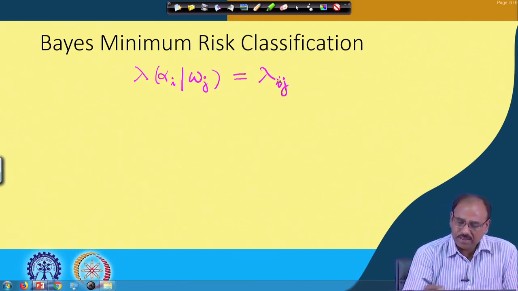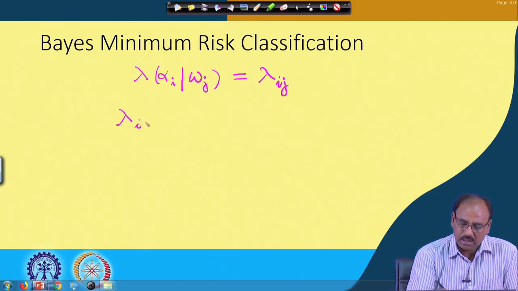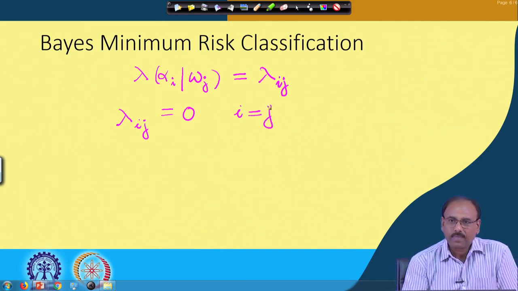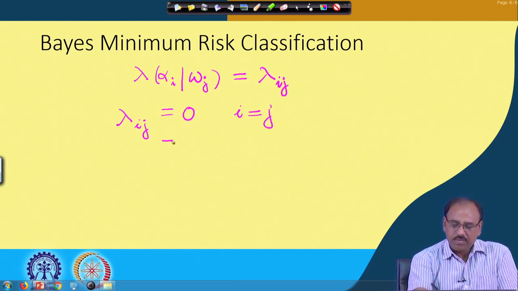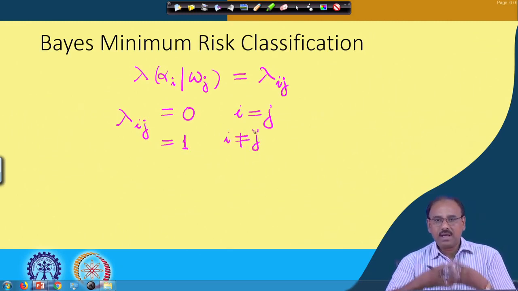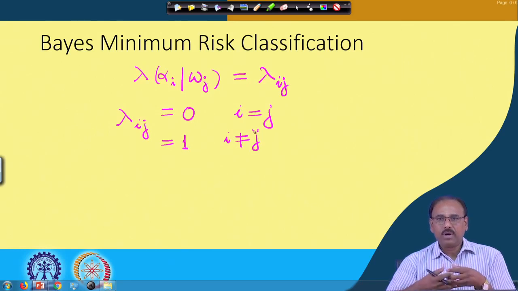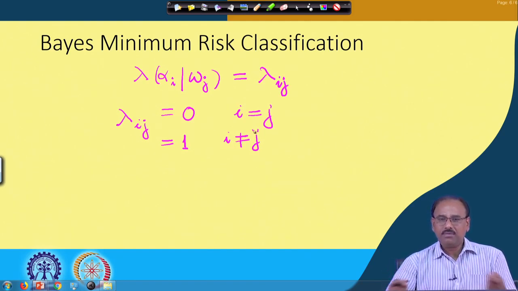So, I assume that this loss function lambda is equal to 0 if i is equal to j, and I also assume that this is equal to 1 if i is not equal to j. So, for every incorrect action you incur a unity loss, which is the same for all incorrect decisions. But if your decision is correct, obviously you are not incurring any loss.